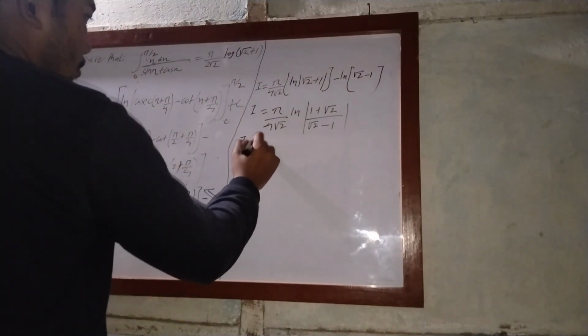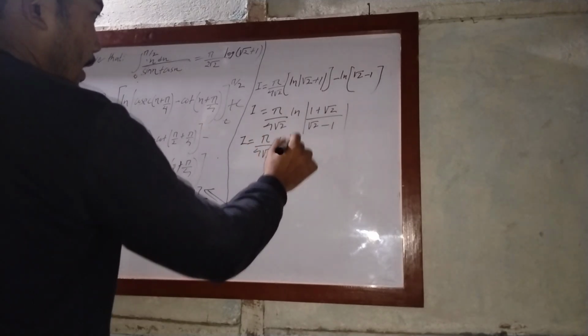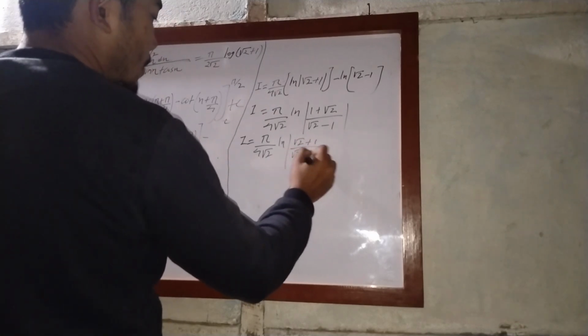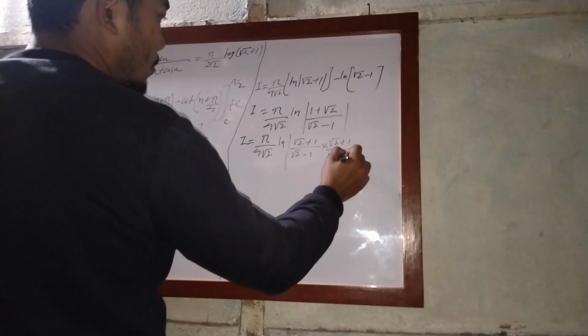We have to do rationalization inside. Ln of (root 2 plus 1) by (root 2 minus 1) times (root 2 plus 1) by (root 2 plus 1).